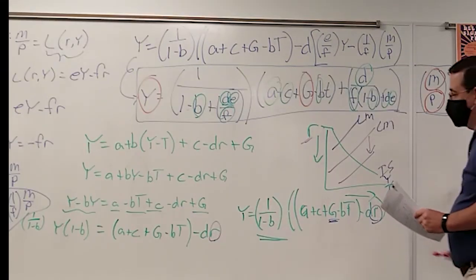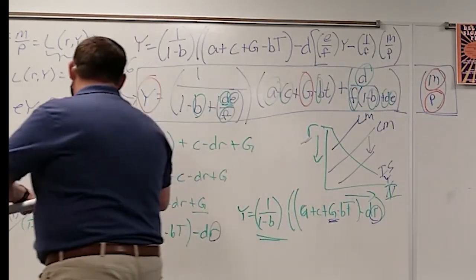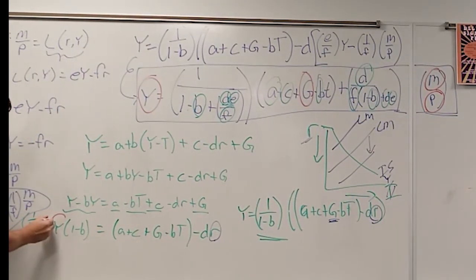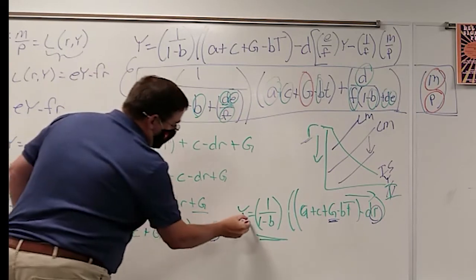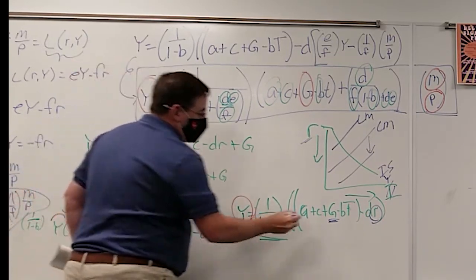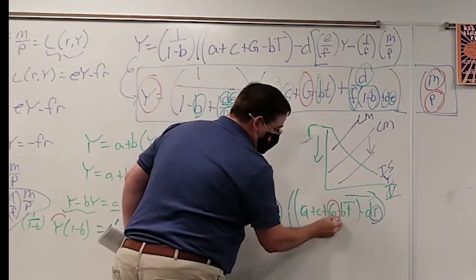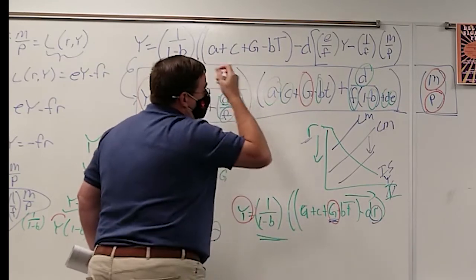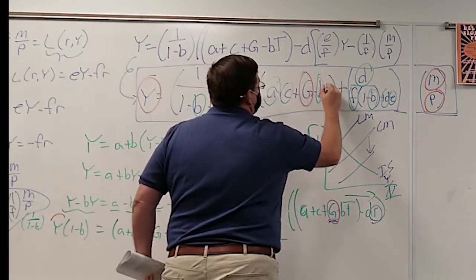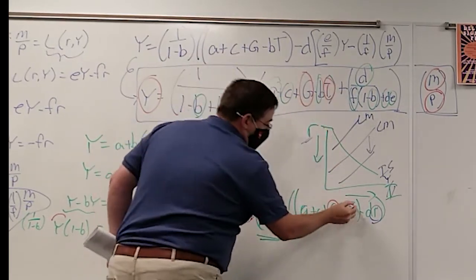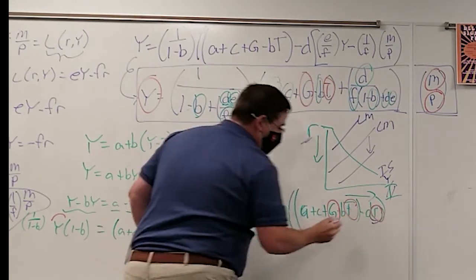Notice here we had, let's do this one, here we had Y in terms of G. This should be a capital T. That's also an interesting variable. T and r.